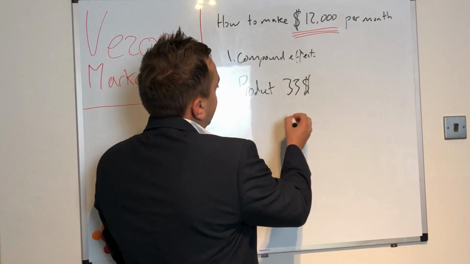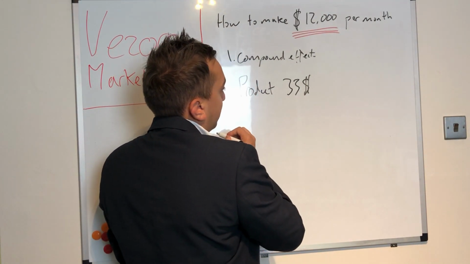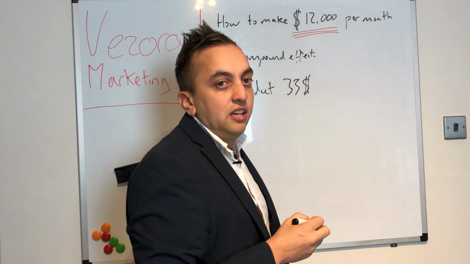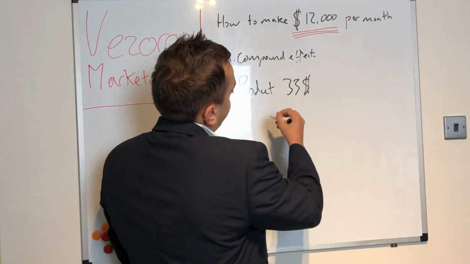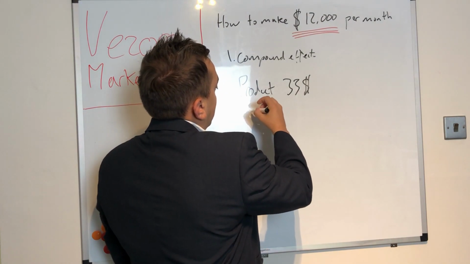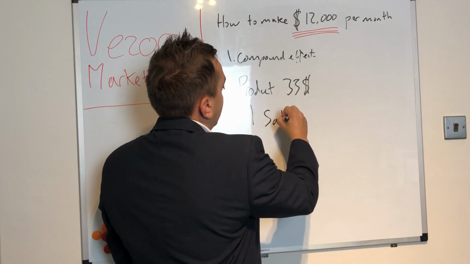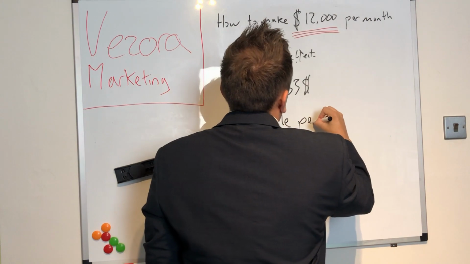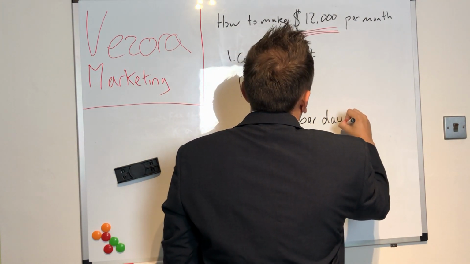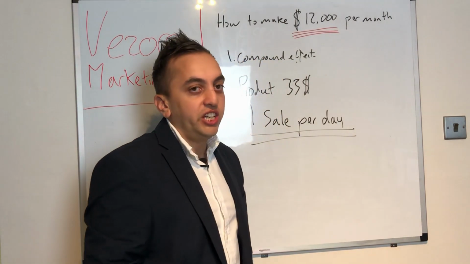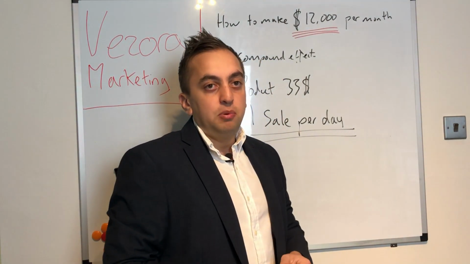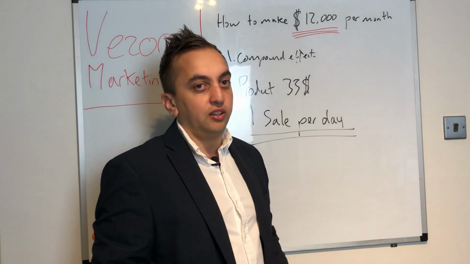If we have a $33 product, we need 33 sales to get to $1,000. So what we're going to achieve is one sale per day. We can all achieve that one sale per day to get to our $1,000 target.